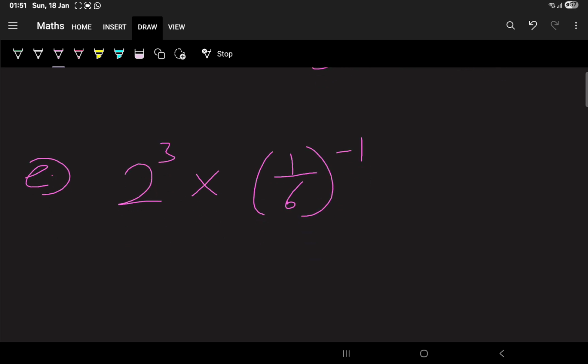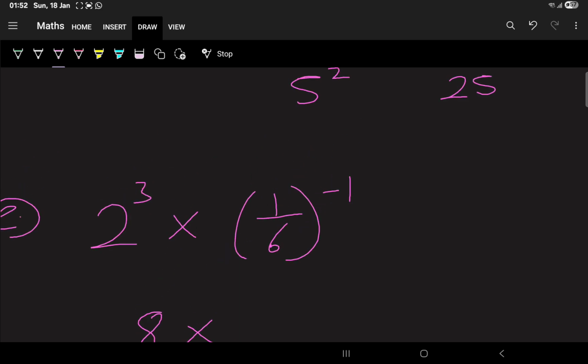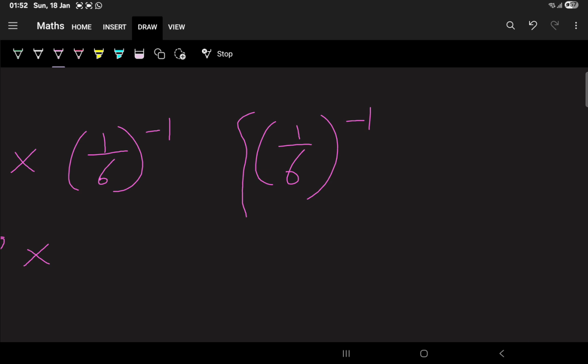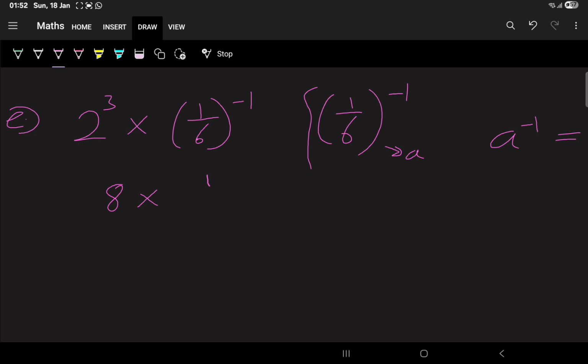Now 2 raised to the power of 3 is 8 times, now this inverse of 1 over 6, let's assume 1 over 6 to be A, so this is simply like saying A inverse, and what do we know A inverse to be? 1 over A. So simply this is just saying 1 over 1 over 6.